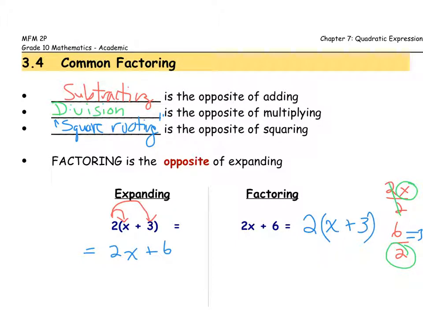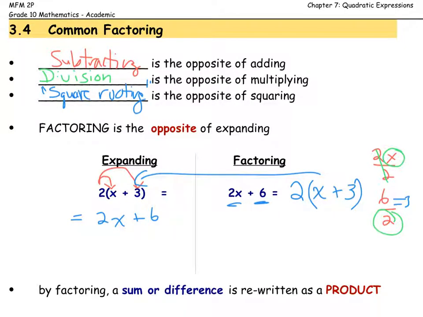And if you look closely here, all I've done is undone that expansion. And that essentially is what common factoring is. Factoring in general is undoing an expansion, but common factoring means pulling out a term that is common amongst the polynomial's terms in your expression.